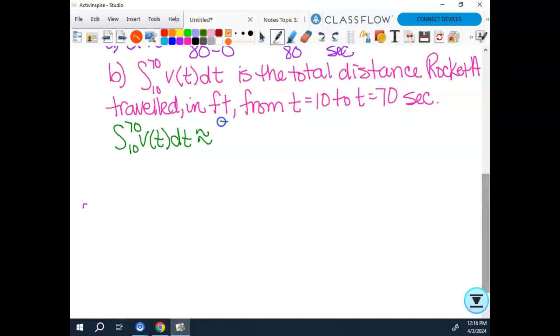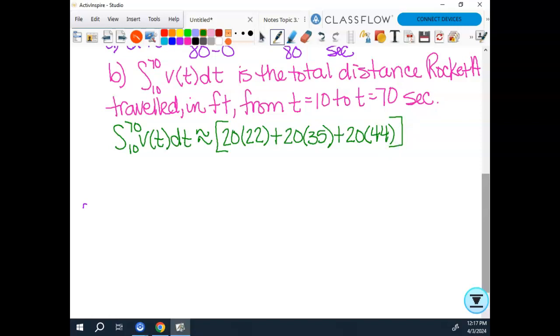So this is going to be, now I can't see anything. I'm going to do 20 times what number? 22 plus 20 times what number? 35 plus 20 times what number? 44. Okay, there are 3 rectangles.